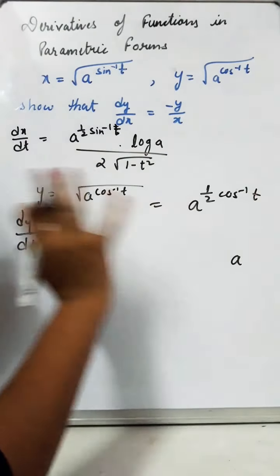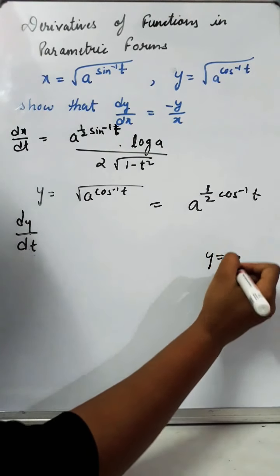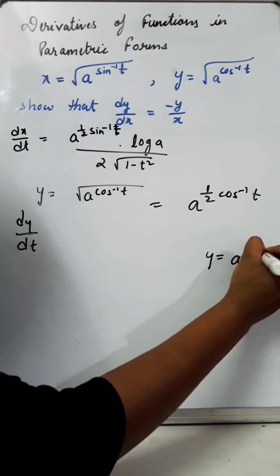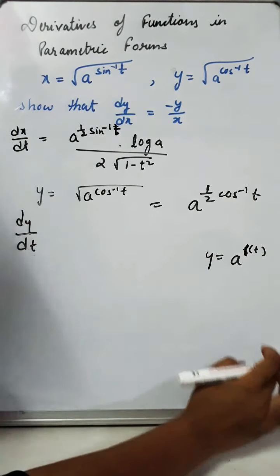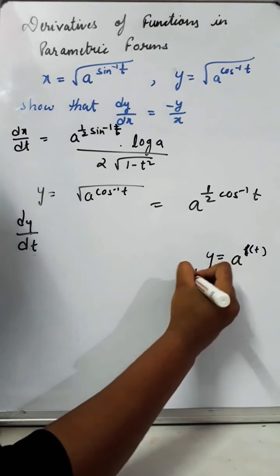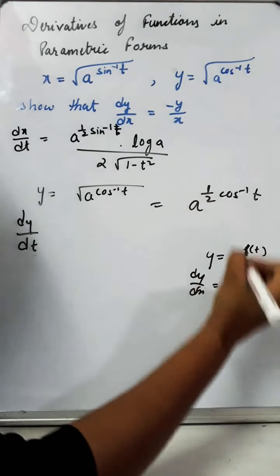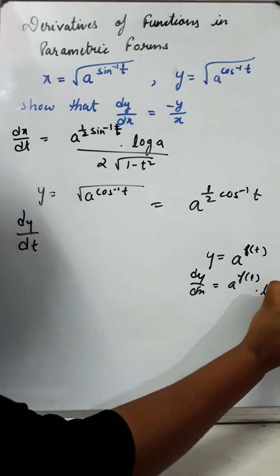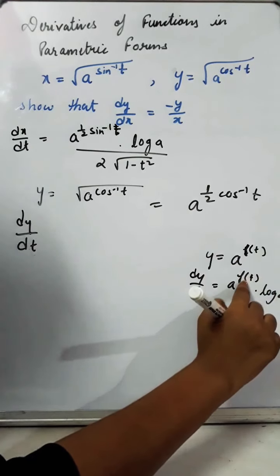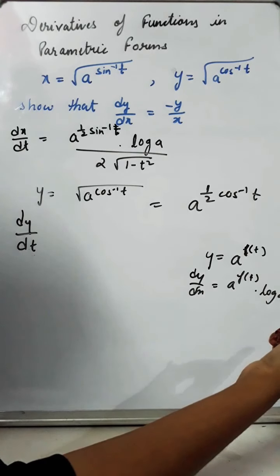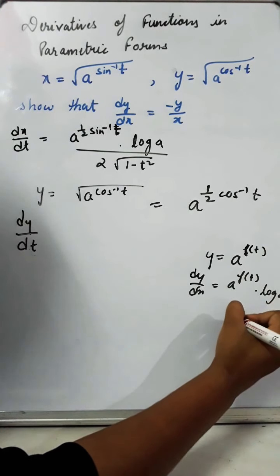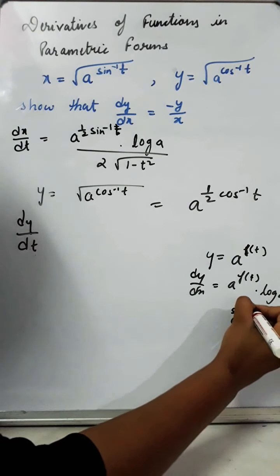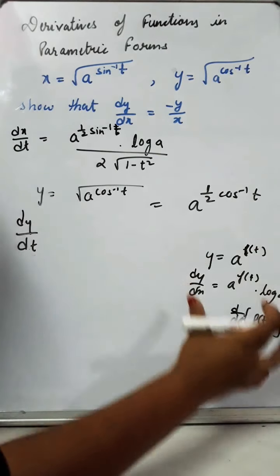So this is something like y is equal to a to the power some function of t. If you have to differentiate this with respect to t, it's simply a to the power f of t into log a, right? But this f of t will further be differentiated applying the chain rule, so it is d by dt of f of t also. So this is your final thing.